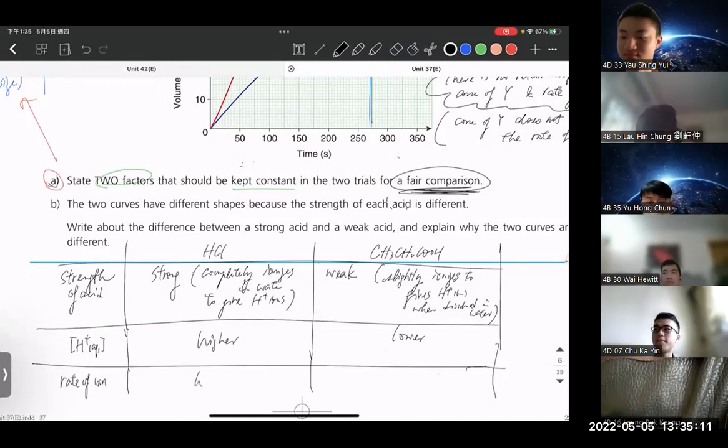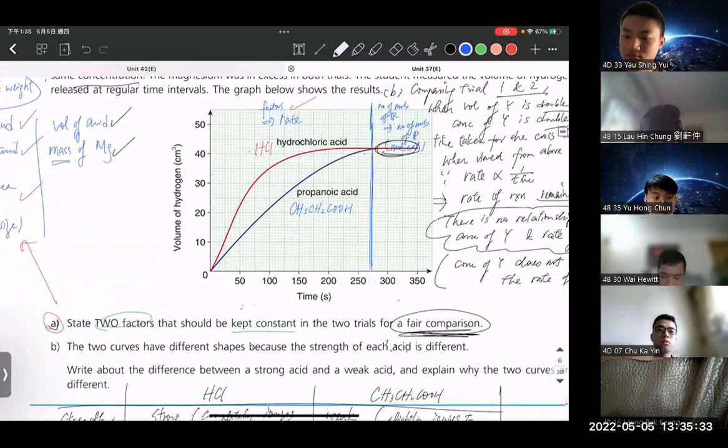You may say that this one should be higher and this one is lower. Do you find it very similar to what you know in acid and alkali? Now, of course, if you really want to be a bit more scientific, you do it for the whole progress of a reaction. Okay, the rate would change.